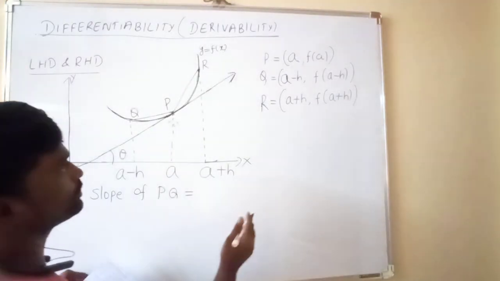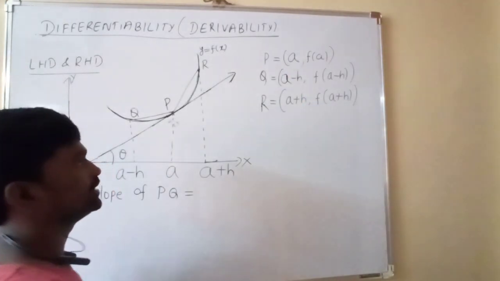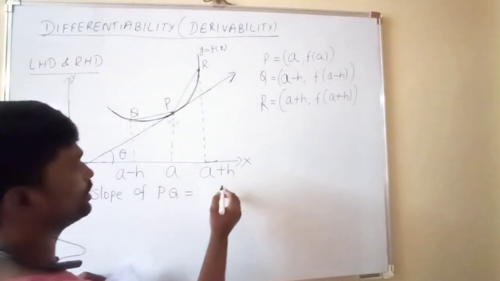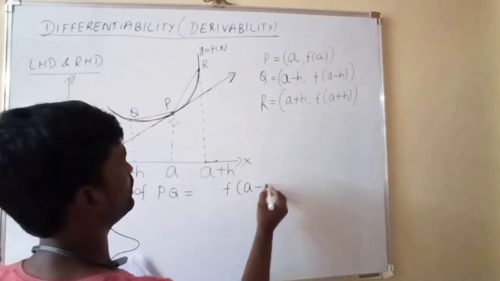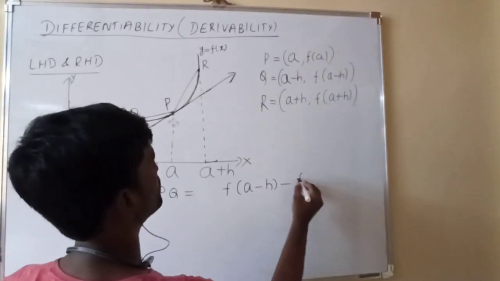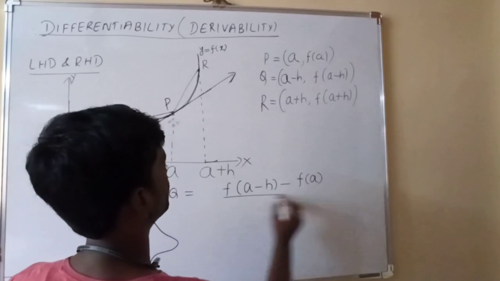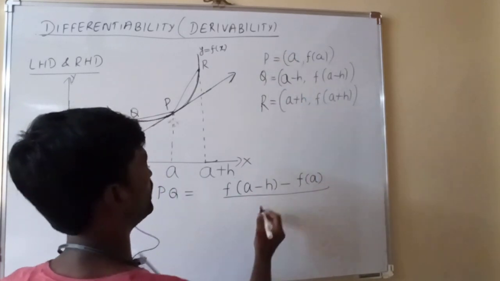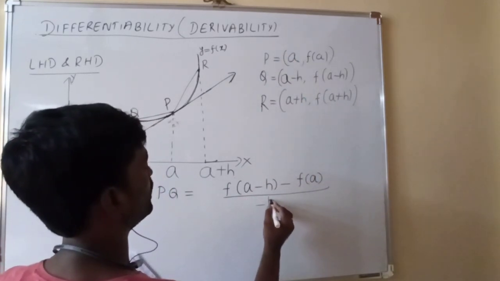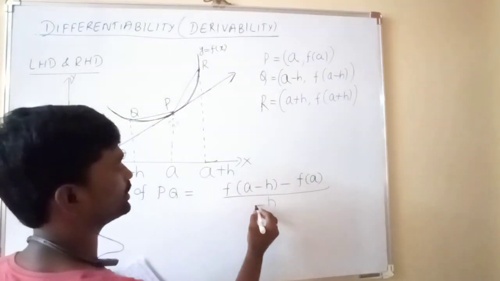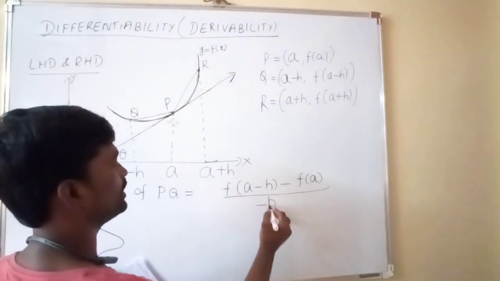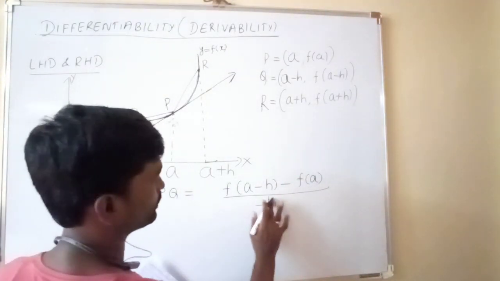What will you get as the slope of PQ using the formula y2 minus y1 by x2 minus x1? f of a minus h minus f of a, divided by x2 minus x1, which is a minus h minus a, equal to minus h only. So that is divided by minus h.